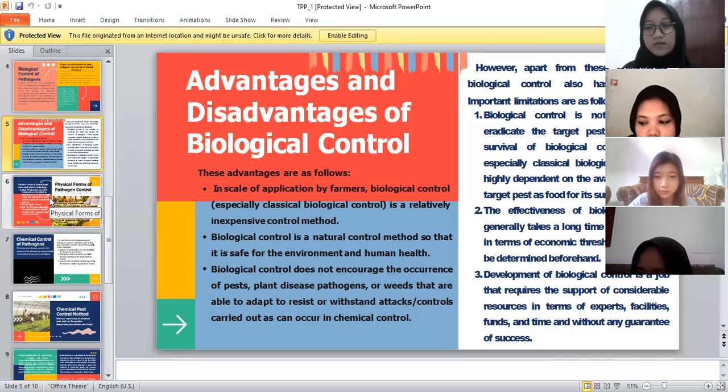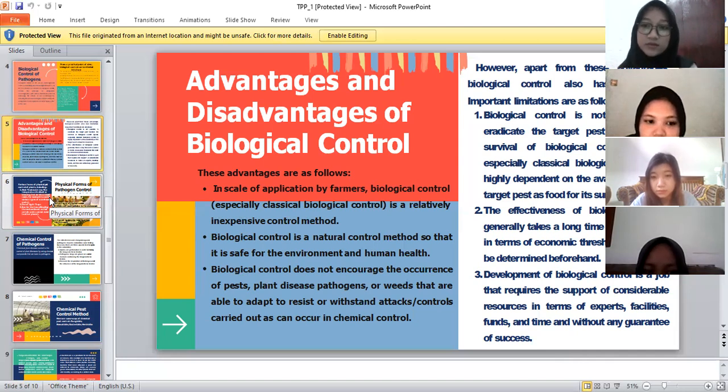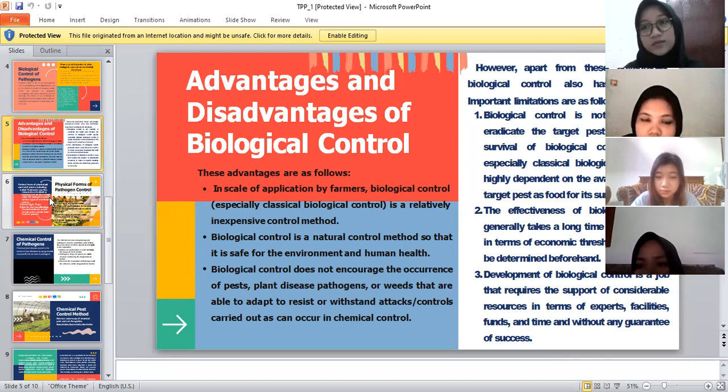Biological control does not encourage the occurrence of plant disease pathogens or weeds that are able to adapt to resist or withstand attack or controls carried out, as can occur with chemical control.